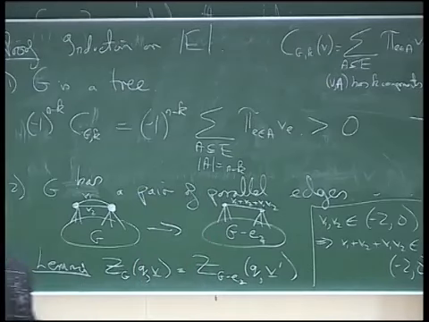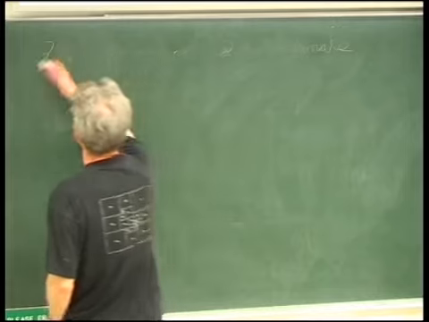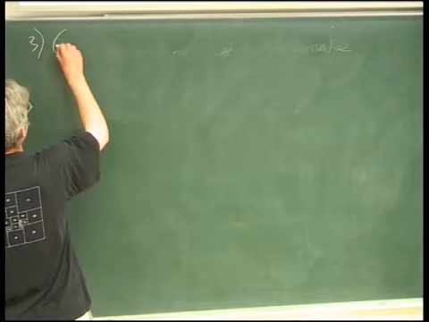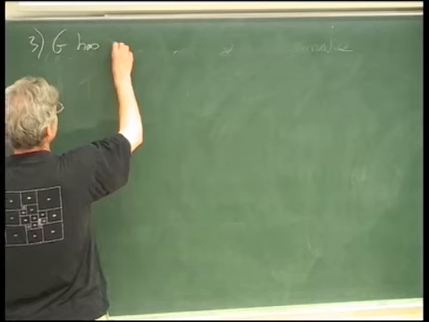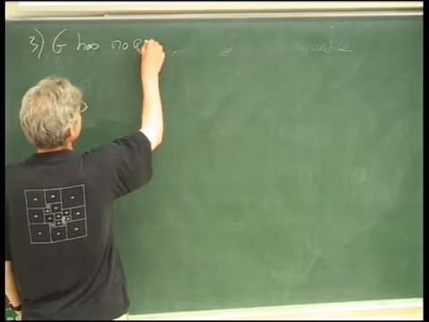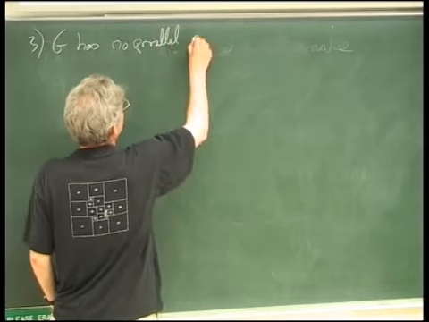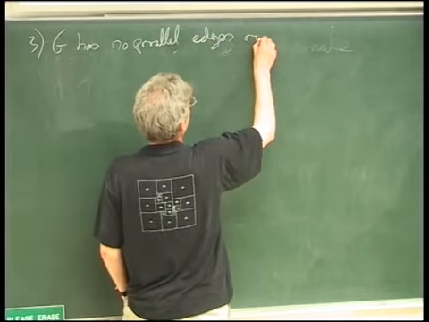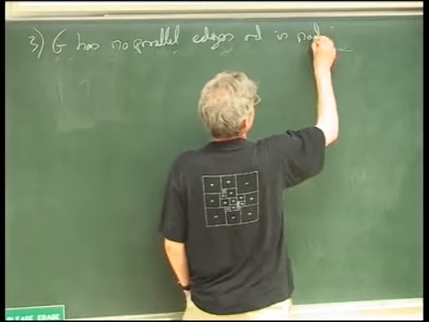So the third case is when G has no parallel edges and is not a tree.